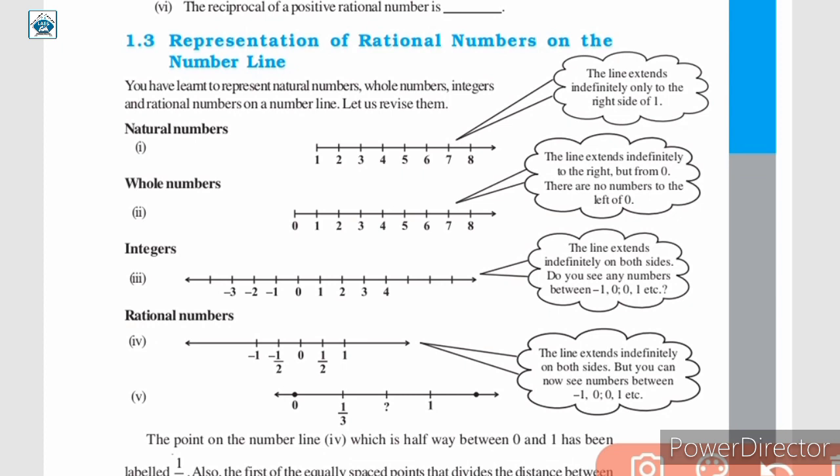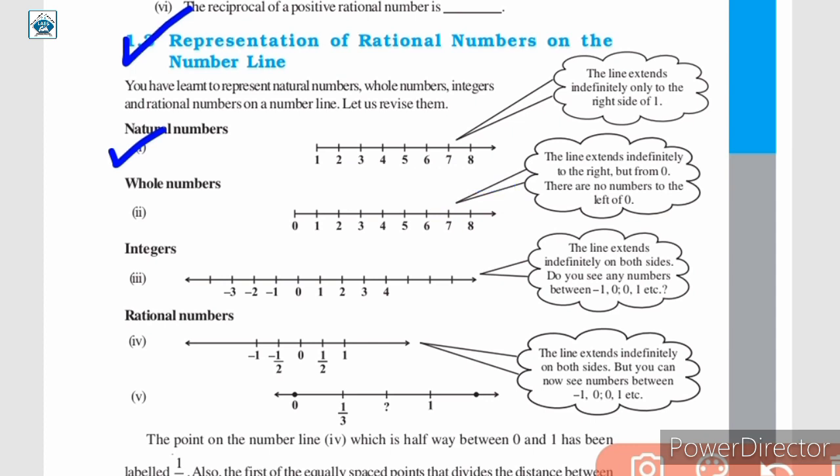Let us now discuss the next topic, representation of rational numbers on the number line. You have learned to represent natural numbers, whole numbers, integers and rational numbers on a number line. So let us revise them first. We have natural numbers and this is the natural number line. It begins from 1.